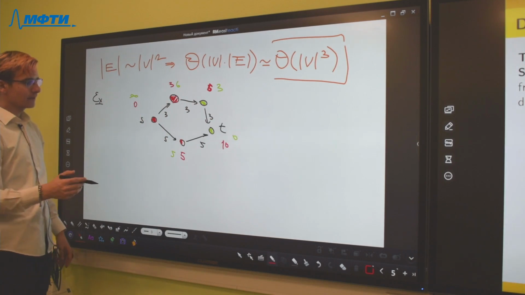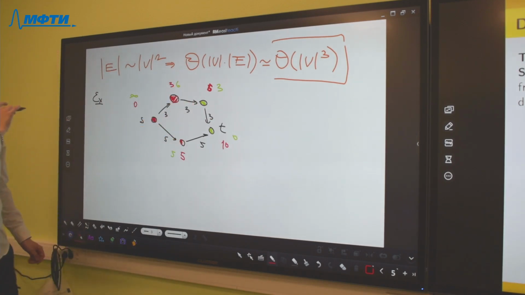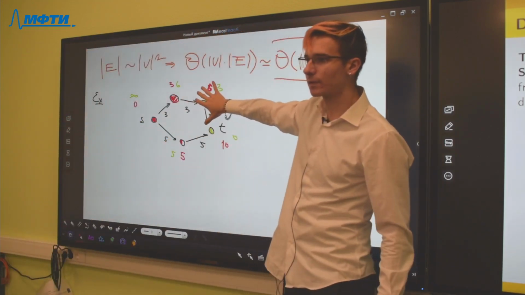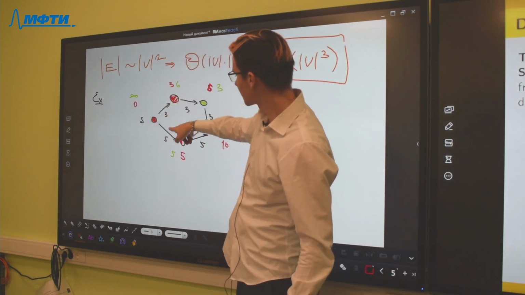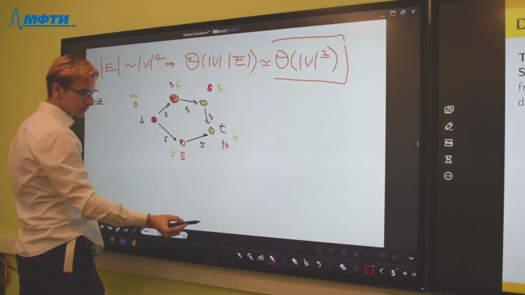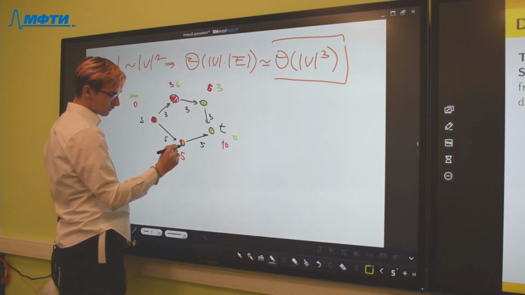Okay, then for green numbers, we say that we extracted these 2 vertices and the minimal of these distances equals 5. And we extract this vertex too.